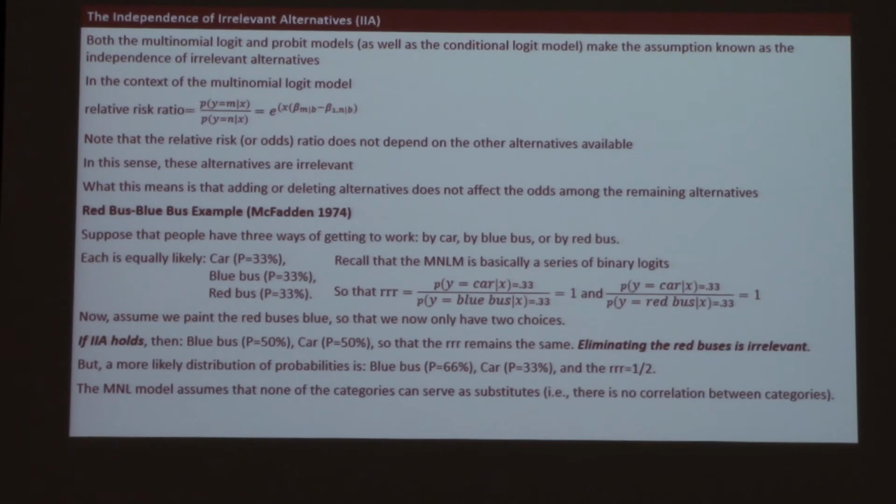If you have two categories that can serve as substitutes, we're violating the independence of irrelevant alternatives, and we probably shouldn't be using a model that assumes that IIA holds, which the multinomial model does. So for two reasons, we probably shouldn't have been using our multinomial logit model. Again, this has to do with the correlation of the error terms across our substitutes.